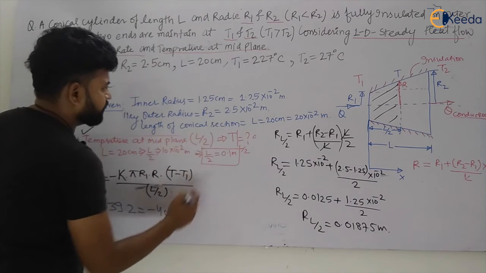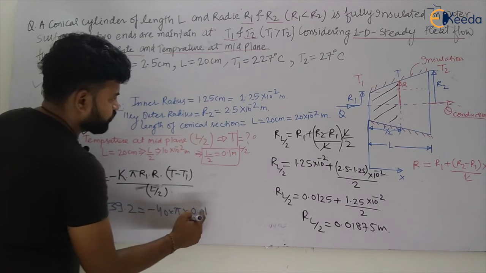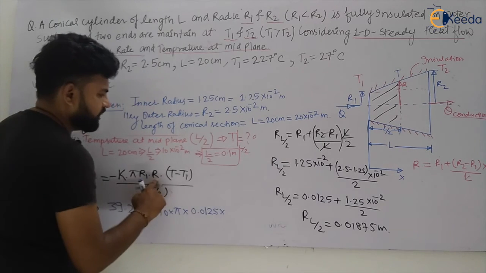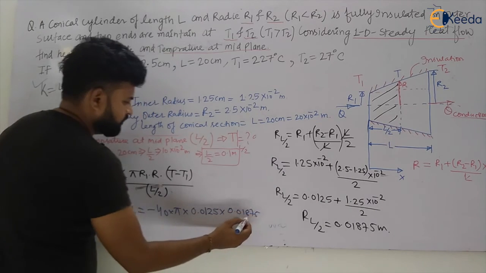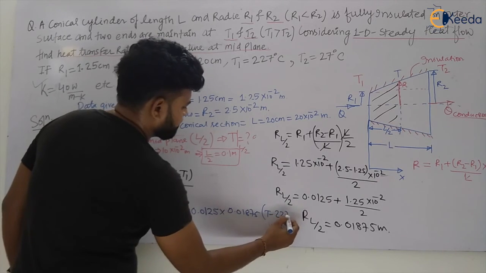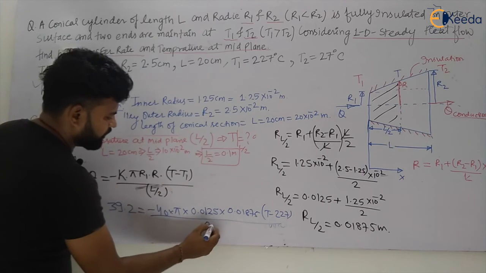What is your R1? 1.25, that is 0.0125 meter. What is your R? R is equal to 0.01875 into T minus T1. T1 is how much, my dear students? T1 is 227 divided by L by 2, which is 0.1 meter.